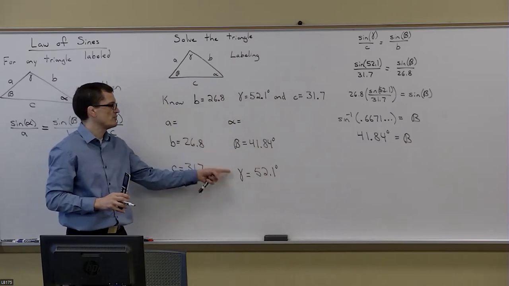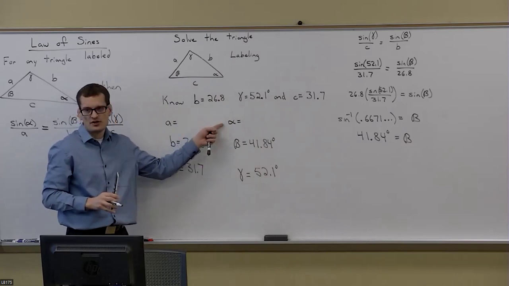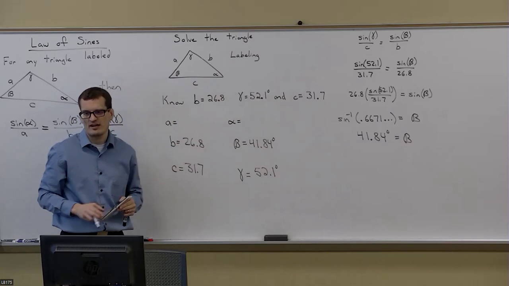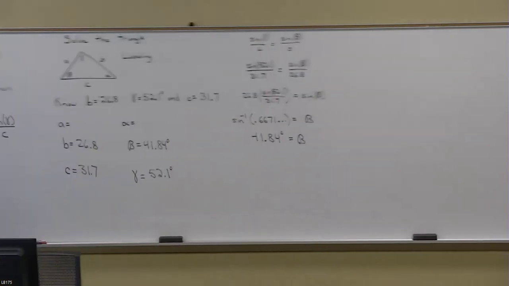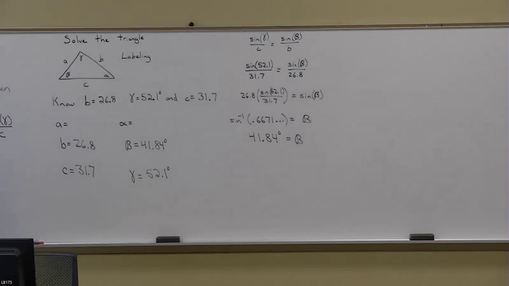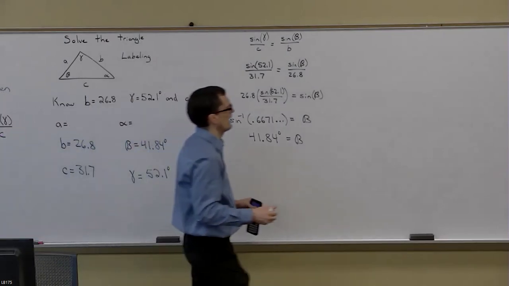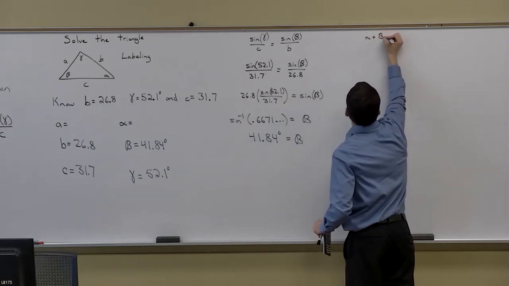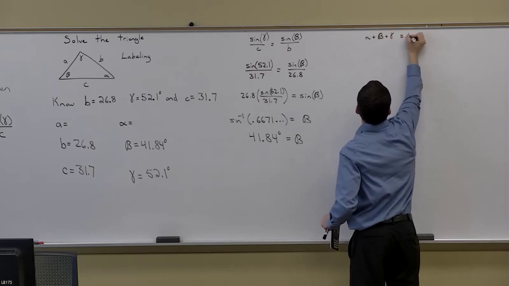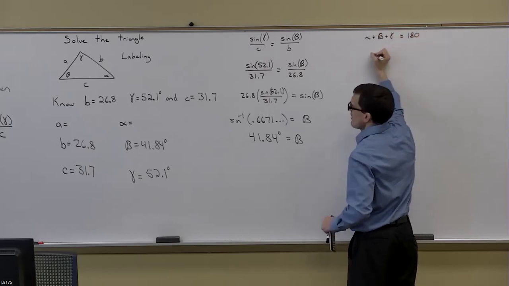Now, as soon as I have two angles, I'm going to get the third by using the fact that the angles have to add up to 180 degrees, right? As soon as you have two, that's always the safe bet. Get the third by using the fact that the angles add up to 180 degrees.